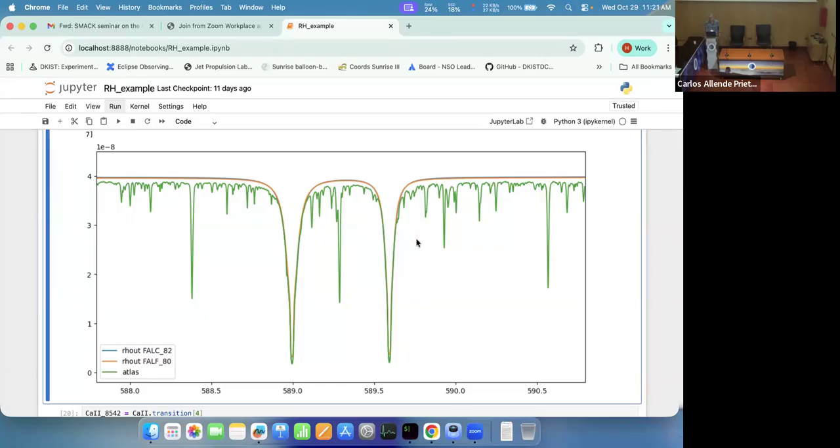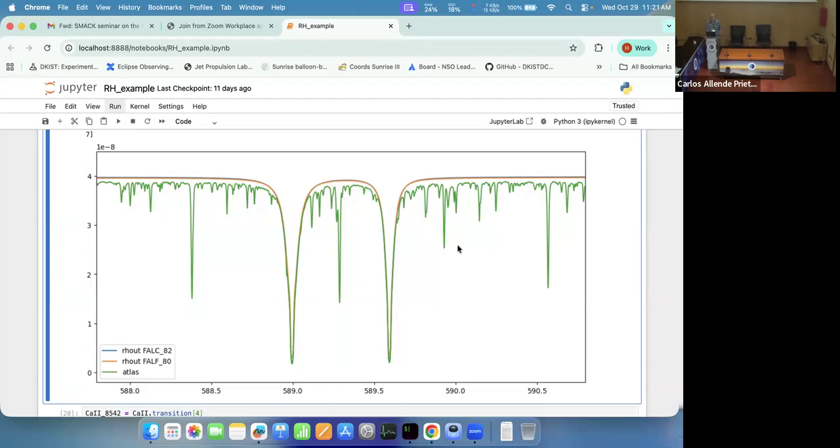One of the next panels will be that exactly. What do you mean, Kurucz opacities?